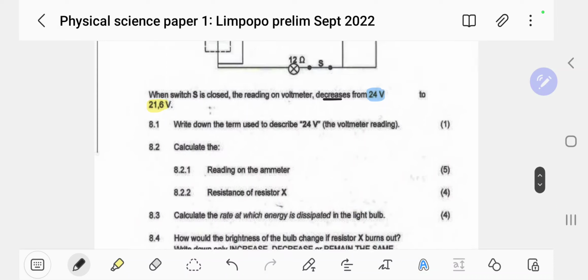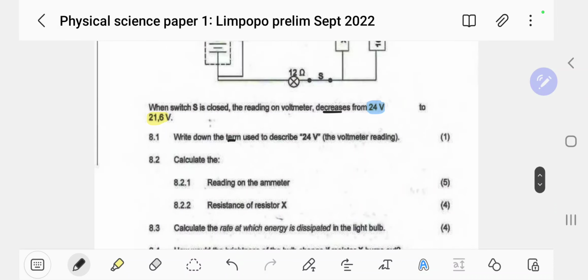Now write down the term used to describe 24 volts. It is the electromotive force, which is what we call EMF. They said write down the term. The term is electromotive force. Okay, in short, EMF.